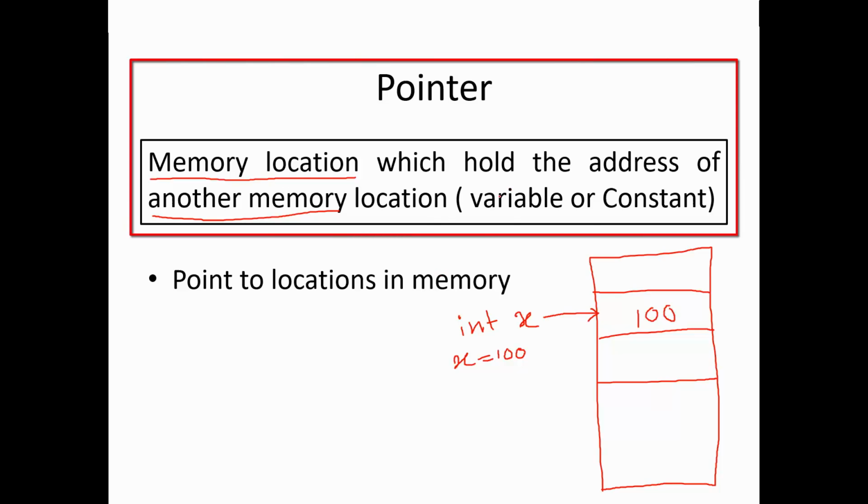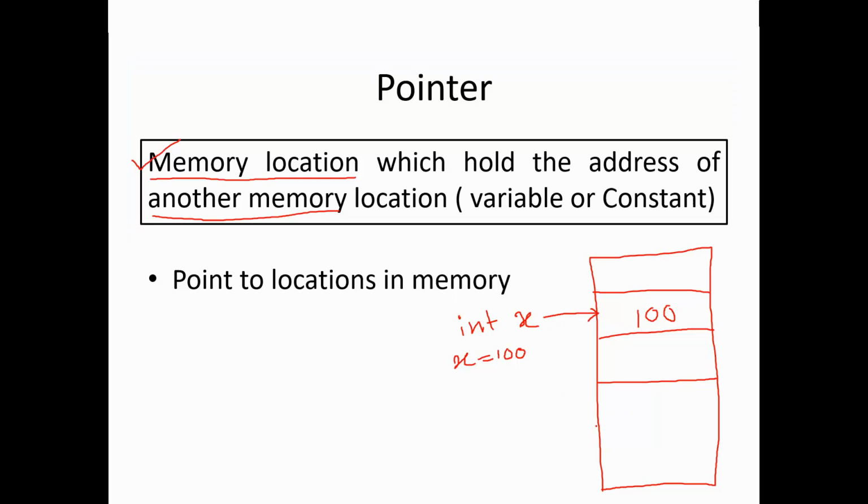And in this one, again, we are going to talk about a memory location. That means we should be able to refer to a place within this computer's memory. But the thing is, this will hold the address of another memory location rather than a value, right?